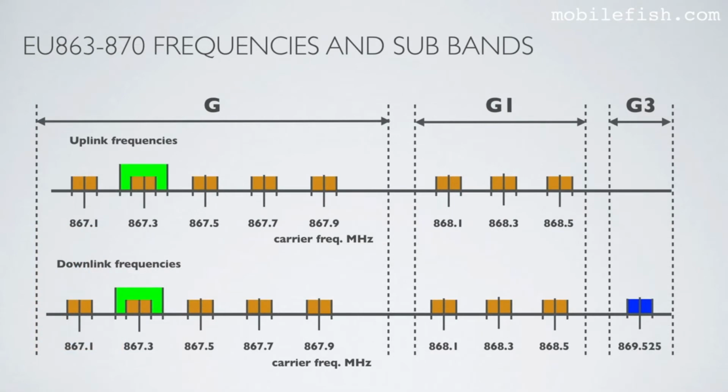In this picture, the subbands are mapped on the Things Network AU 863 to 870 frequency plan. For example, in subband G1, the EIRP is limited to 25 milliwatts and the duty cycle is 1%. These limitations apply to these 3 frequencies.